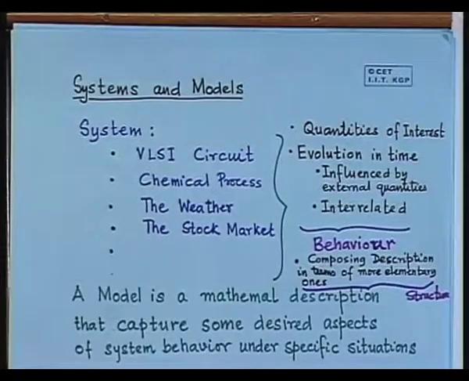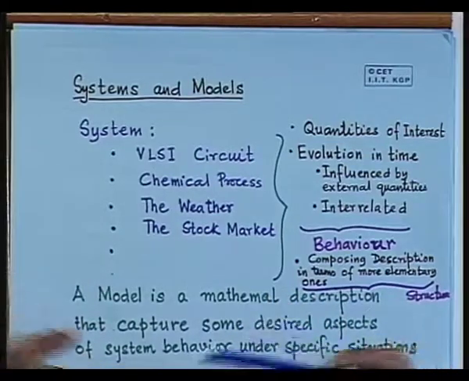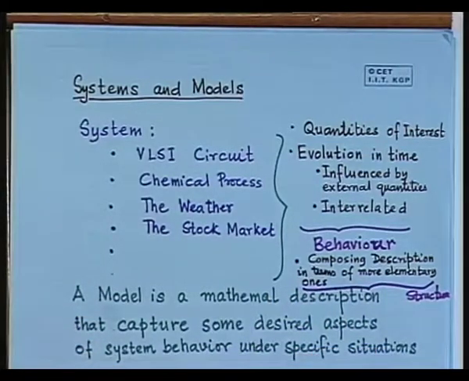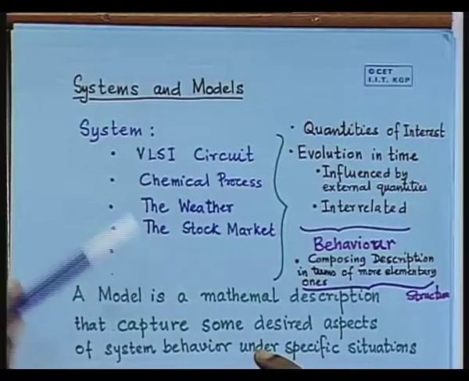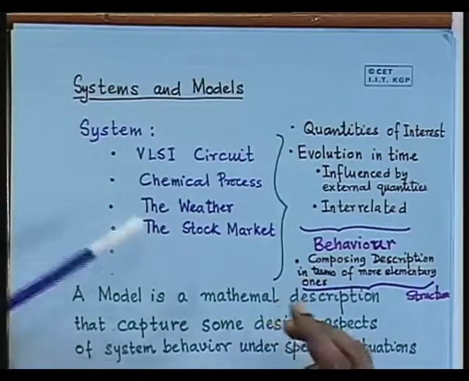I would not try to define a system because we all know what it is, but rather I would like to start with some examples. For example, a VLSI circuit, or a circuit, VLSI or not, is a system. A chemical process could be a system. Our global weather is a system. Even the stock market is a system.